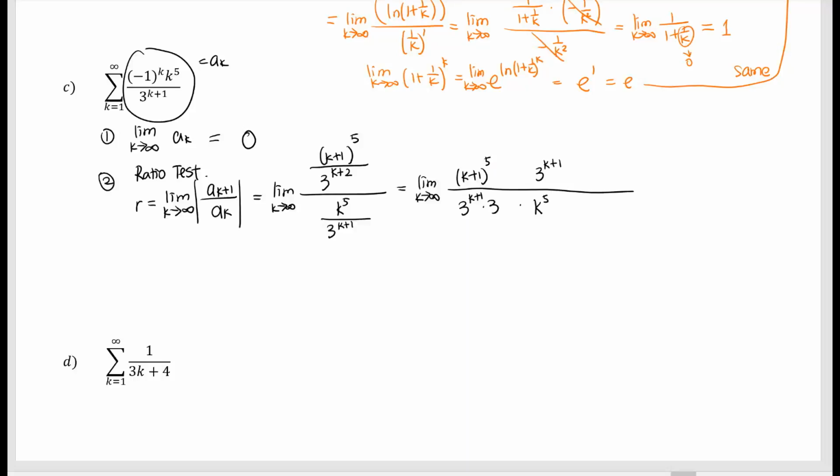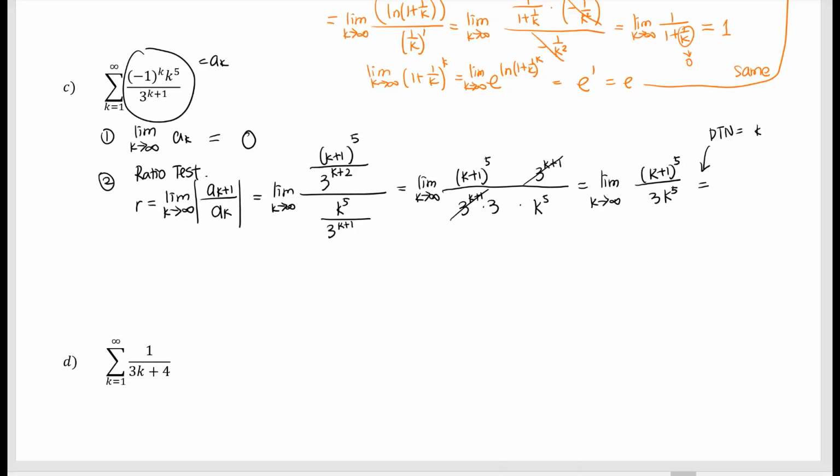Okay, let's start to cancel. So this guy's gone. Oh, my line is too long. All right, so we have k plus 1 to the fifth on top and 3k to the fifth in the bottom. So you can see, what's the dominant term of the numerator?